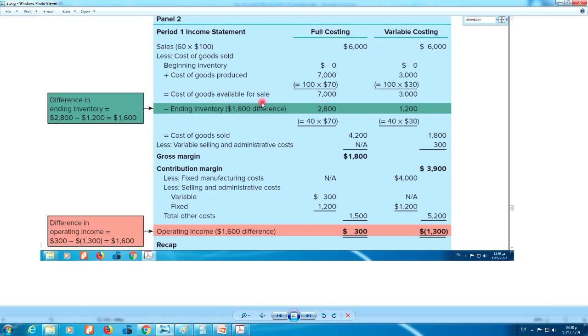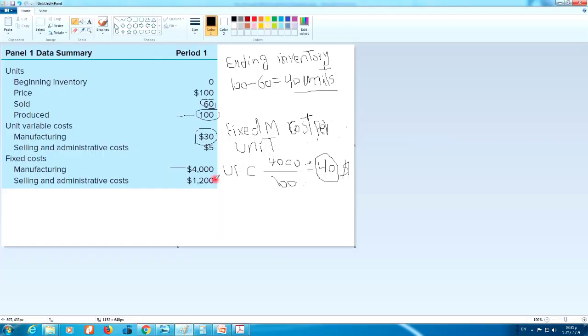Cost of goods available for sale equals beginning inventory plus cost of goods manufactured: in absorption costing 7,000, in variable costing 3,000, minus ending inventory. We can calculate ending inventory in both absorption and variable costing as we calculated the cost of goods sold.